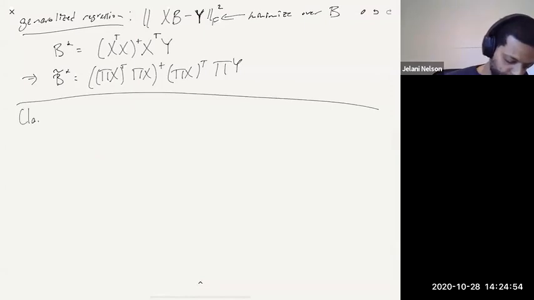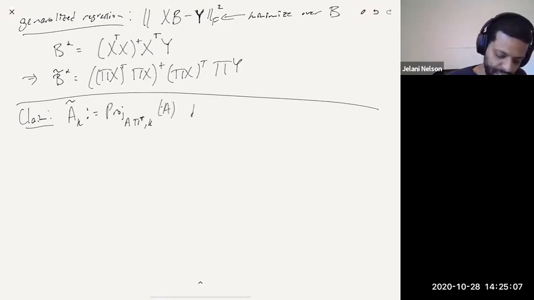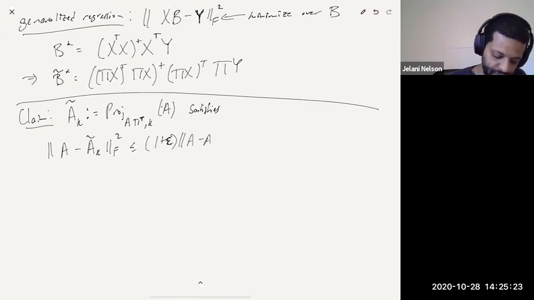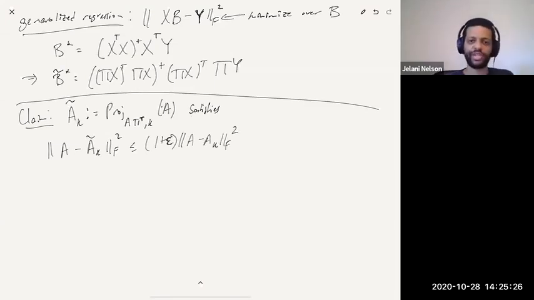So claim: if you define A K tilde to be the projection onto the column space of A pi transpose, the best rank K approximation in that column space of A, it satisfies that the Frobenius norm squared of A minus A K tilde is at most 1 plus epsilon times the actual opt, which is if you actually took the best rank K approximation, as long as, now you need to say something about pi, right?